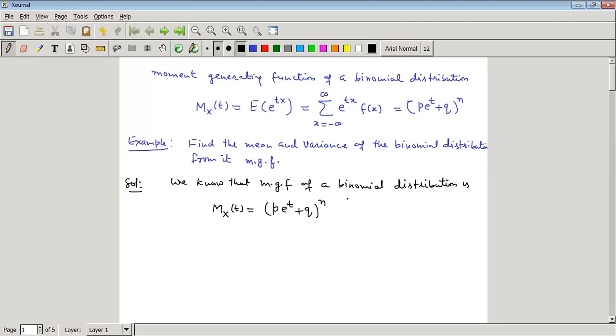Now with the help of this, we have to find the mean and variance of the binomial distribution. First we find the mean of a binomial distribution.